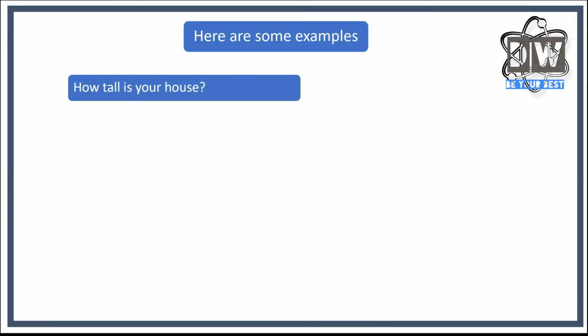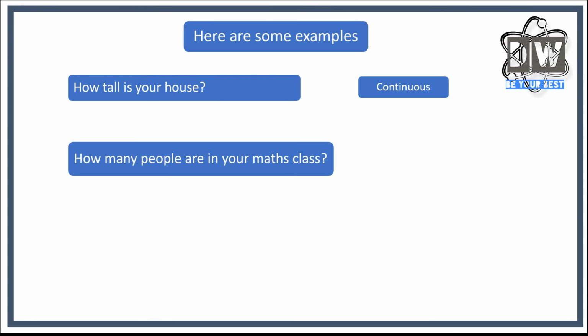Here are some examples. So how tall is your house? Do you measure it? Do you count it? We measure how tall it is, so that means it's continuous data. What about how many people are in your maths class? Do you have 3.5? So therefore it's discrete data, isn't it? We can count them.